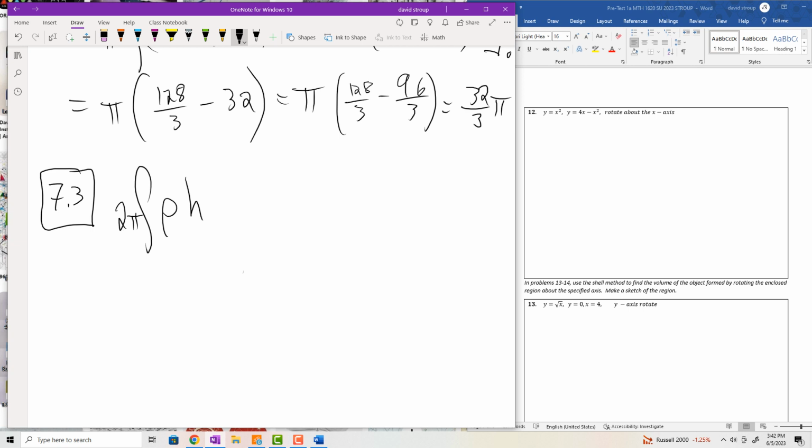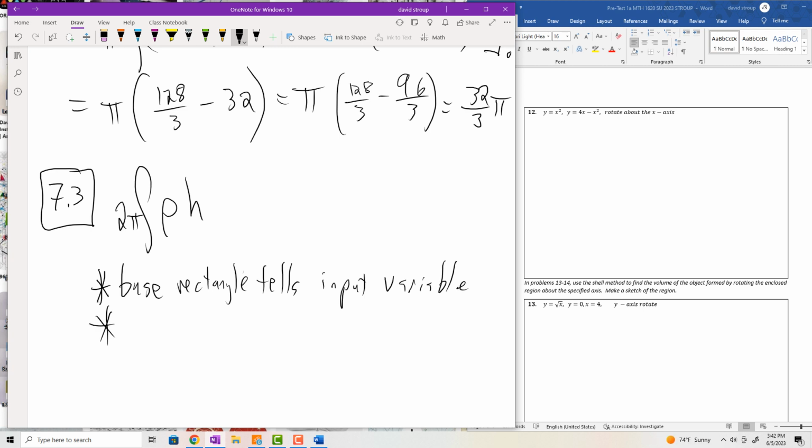So if it's a y-axis rotation, it'll be y. If it's an x-axis rotation, it'll be x. The base of the rectangle, again, tells you what your input variable is. And then the shell rectangles are parallel to the axis of rotation.